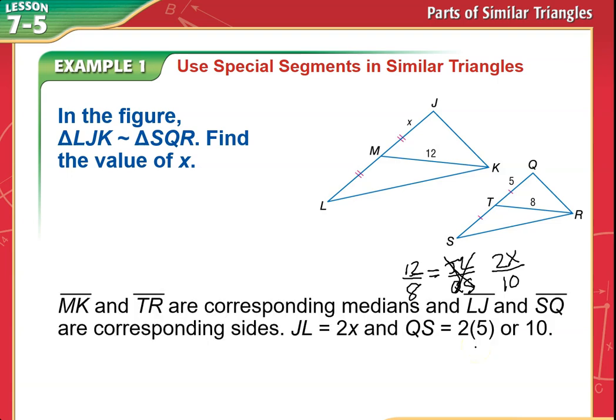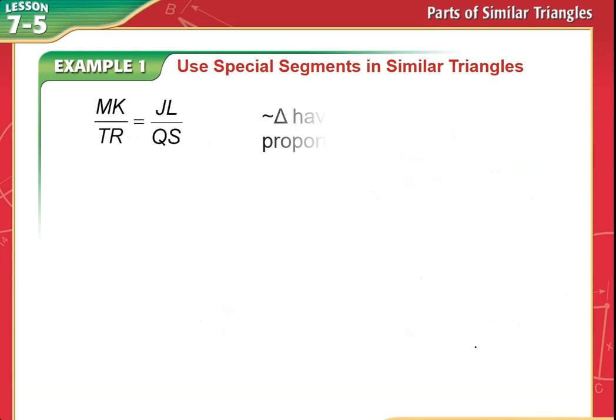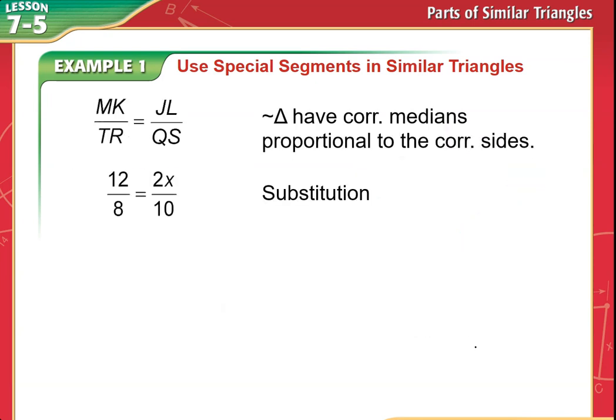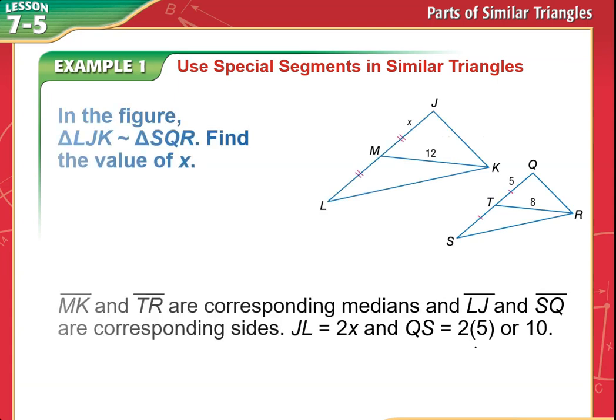We have MK and TR corresponding medians, and we have JL to be 2x, and QS to be 10. Using our theorem, 12 is to 8 as 2x is to 10.